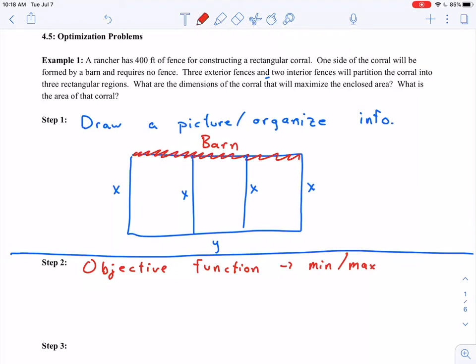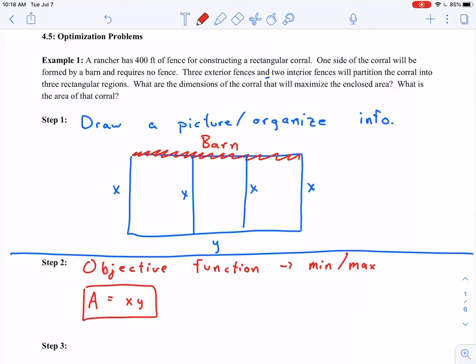Here in this case, we want to maximize the enclosed area, which means my objective function is going to be an area function. I want to maximize the area of this rectangular corral, right? So this region that I'm highlighting right now. Well, how would I find that area? It's just length times width, since it's a rectangle, so x times y. So this is the function that I want to minimize or maximize.